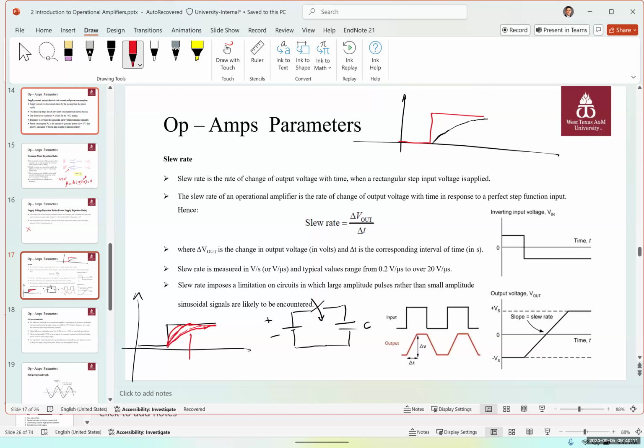So slew rate is the rate and the speed, which is the ratio of the V output to delta T. This is called the slew rate, or this slope, I could say, and it determines how fast the system could respond to an input signal.